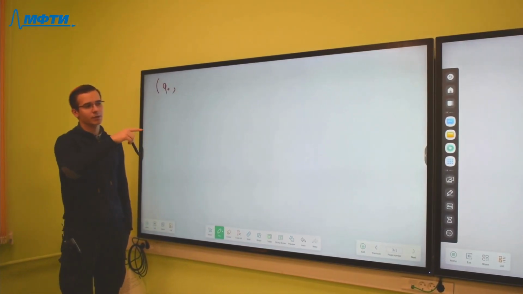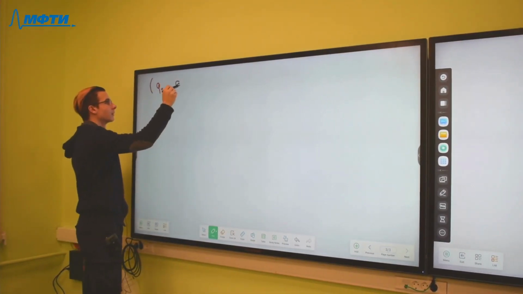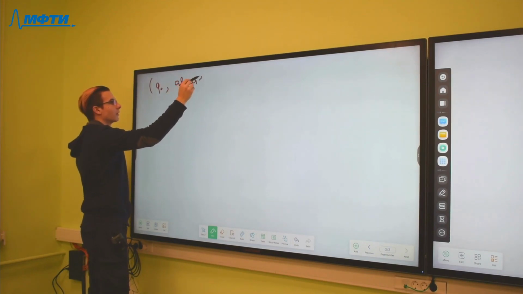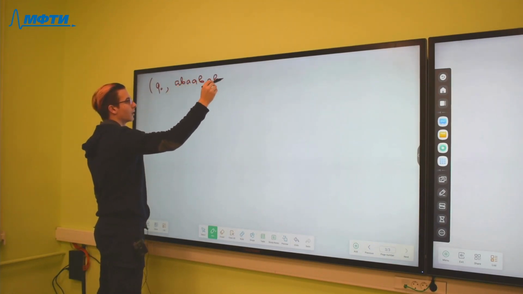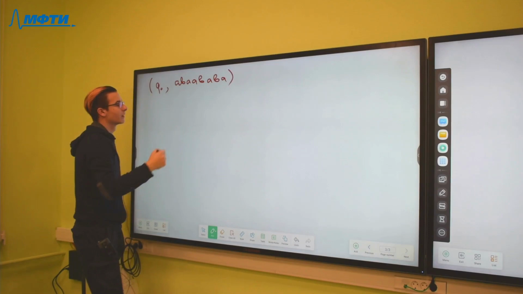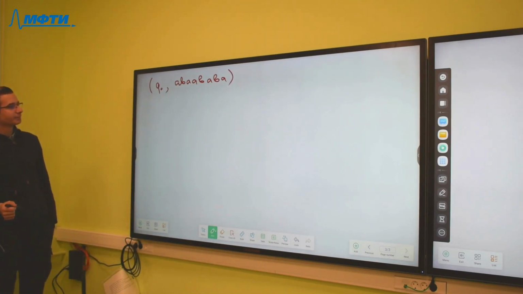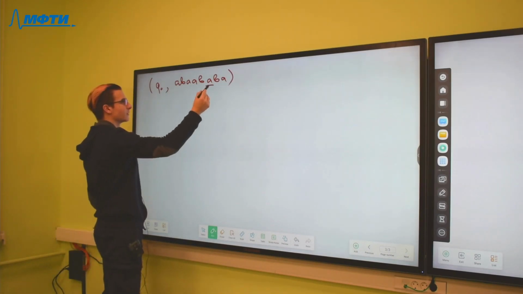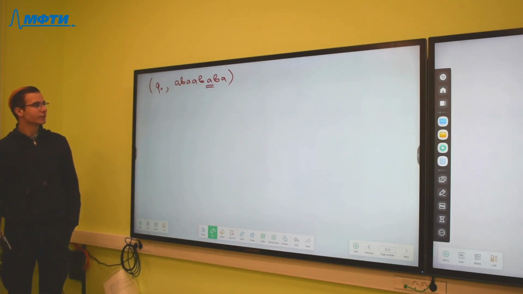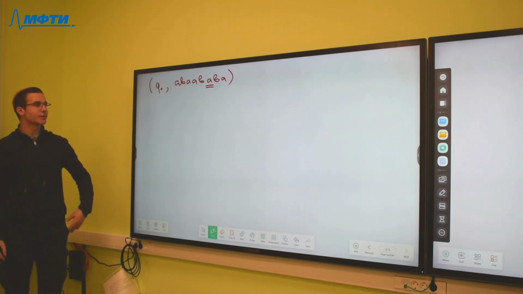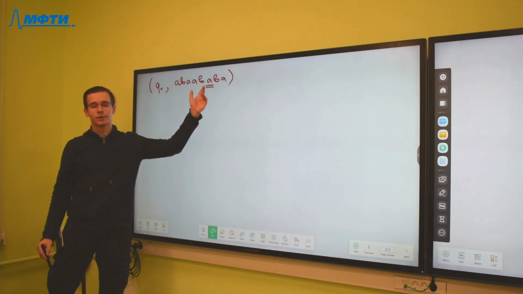A, B. Okay, and I add 1, 8. Okay. And we see that there is A in the third place from the end of this word.